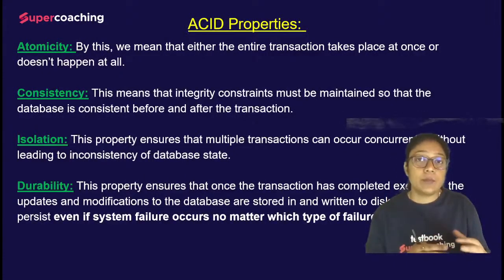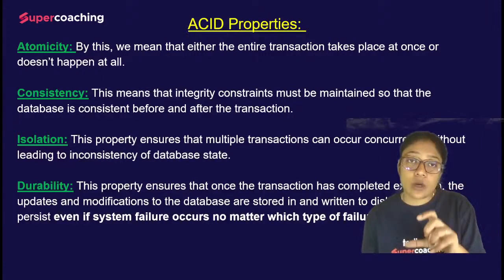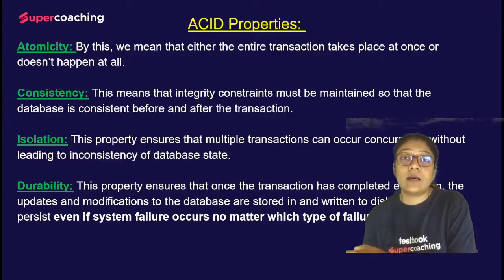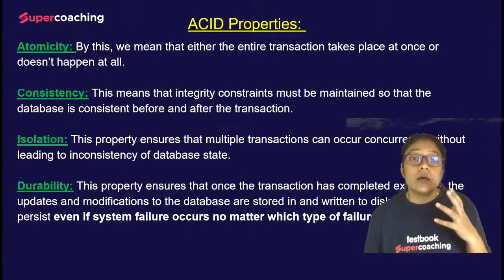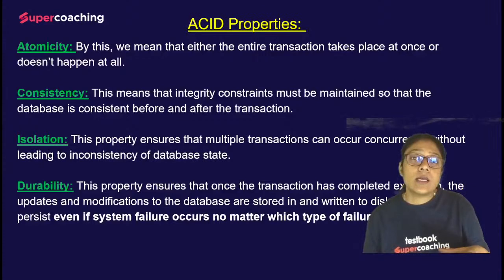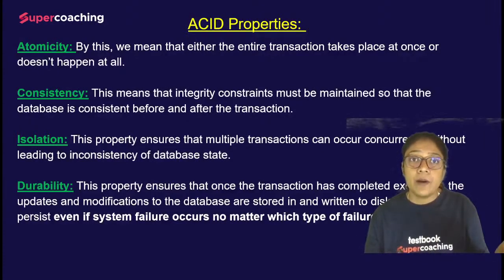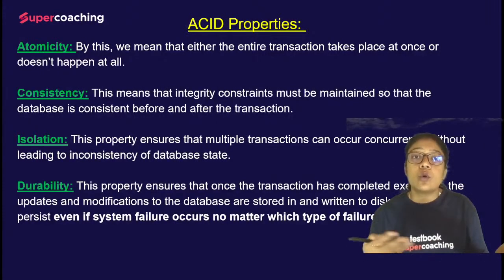Like the example we just saw, some amount was deducted from the account of A and it is credited to the account of B. Just think about the scenario where the amount is deducted from the account of A but does not go into the account of B, then where did the payment go? So this is not a correct transaction.